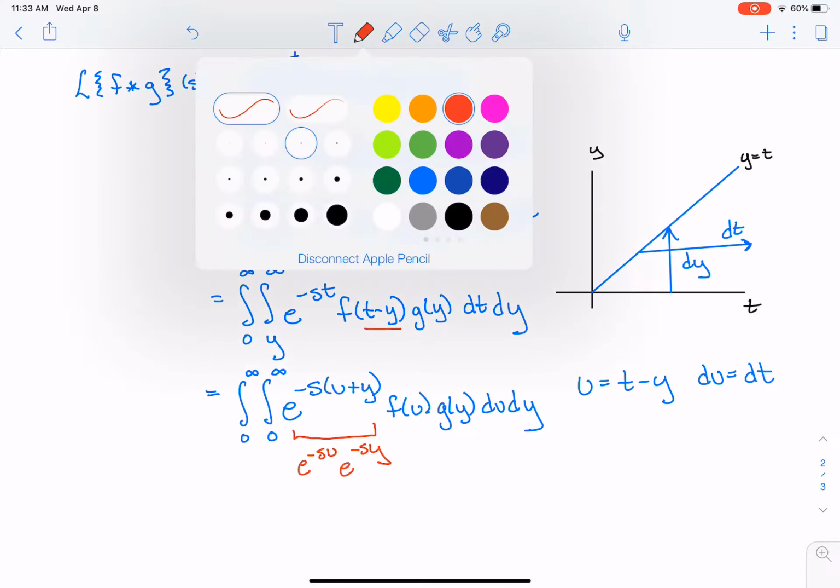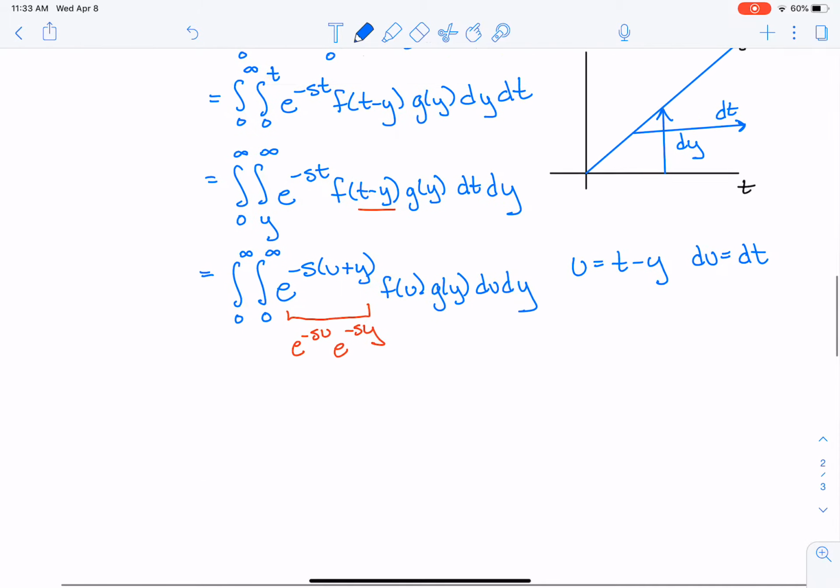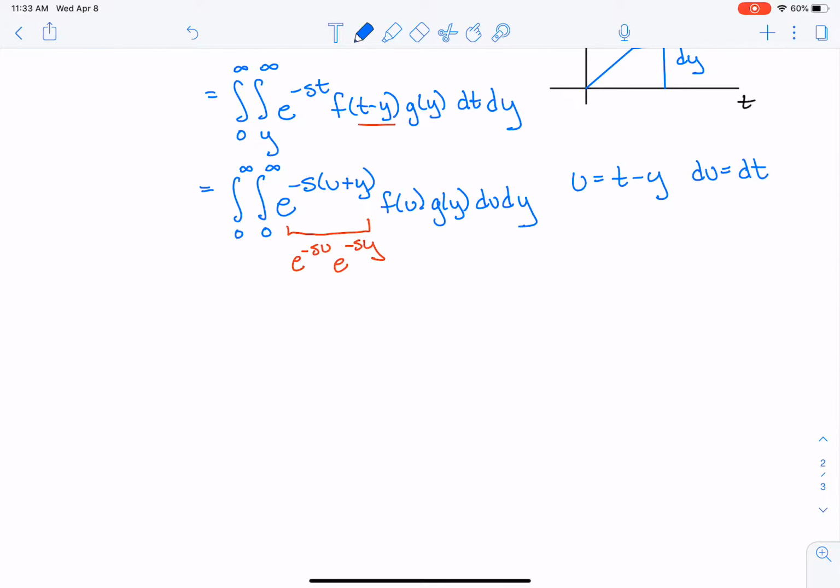And so what's sitting in the integrand is actually a function of u times a function of y. So I can split this integral up into a product of integrals: the integral from 0 to infinity of e to the minus su, f of u du, and then the integral from 0 to infinity of e to the minus sy, g of y dy.